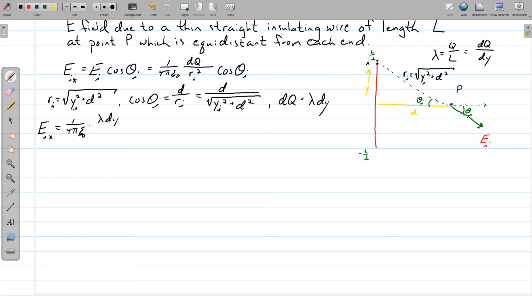But r sub i is the square root of y sub i squared plus d squared, and when you square the square root, you're just left with y squared plus d squared.